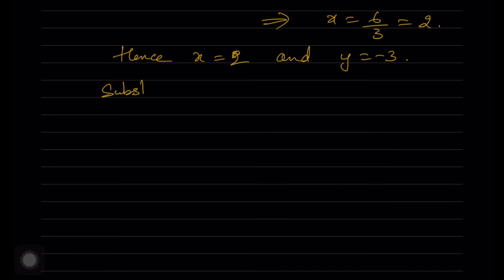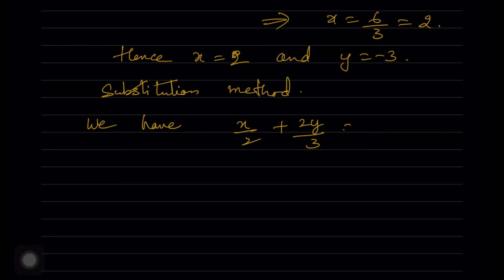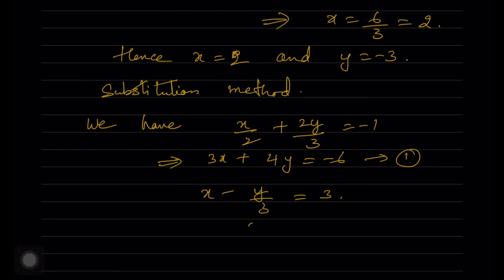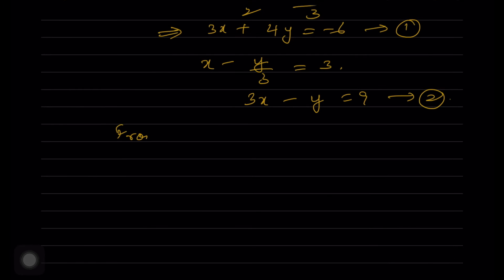Again, while solving x by 2 plus 2y by 3 is equal to minus 1, we get two equations. So 3x plus 4y is equal to minus 6 is equation 1, and the second one, 3x minus y is equal to 9, is the second equation.